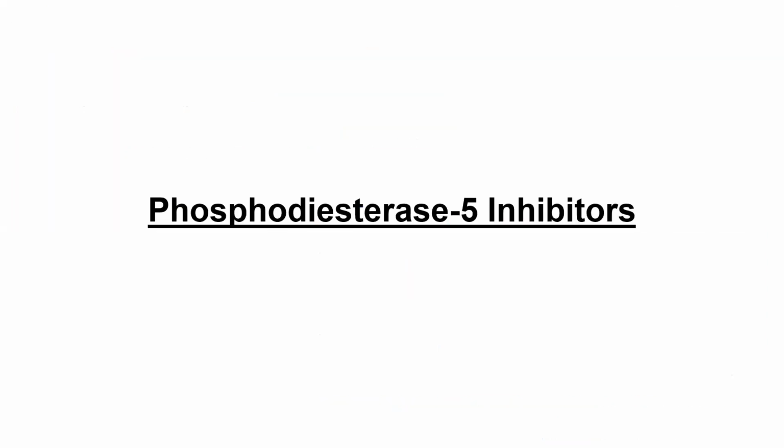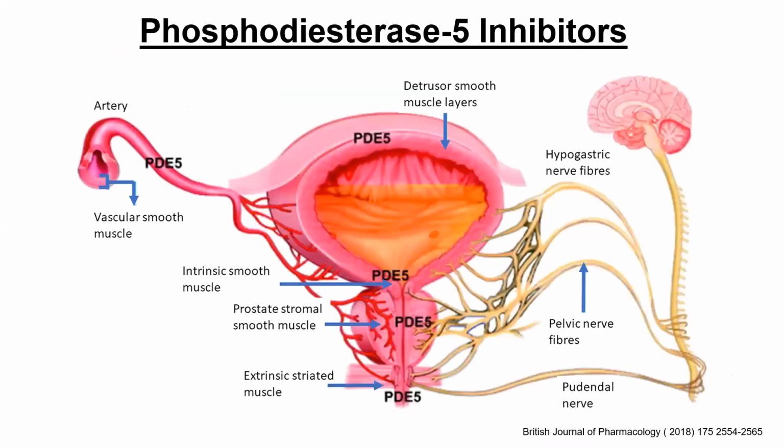And now we're going to talk about this drug, a phosphodiesterase 5 inhibitor. Most of these drugs are used in the treatment of ED, but this drug is also used in the treatment of BPH, which is Tadalafil. We'll talk about how it works. We talked about that PDE5 is expressed in different places in the body.